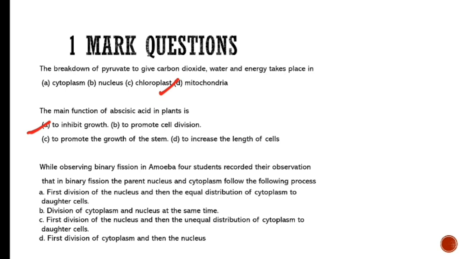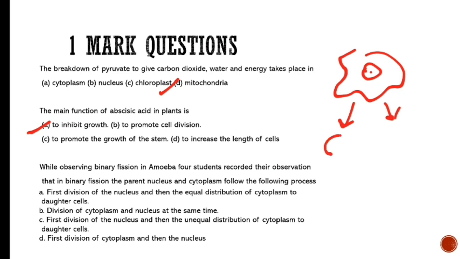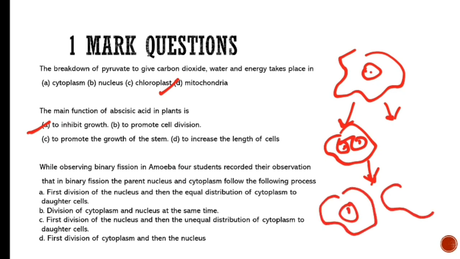Okay, next question. While observing binary fission in amoeba, 4 students recorded their observations of how the parent nucleus and cytoplasm divide. In the last video, I explained binary fission in amoeba. The mother amoeba or the parent cell first undergoes karyokinesis, that is the division of the nucleus, followed by the division of the cytoplasm.